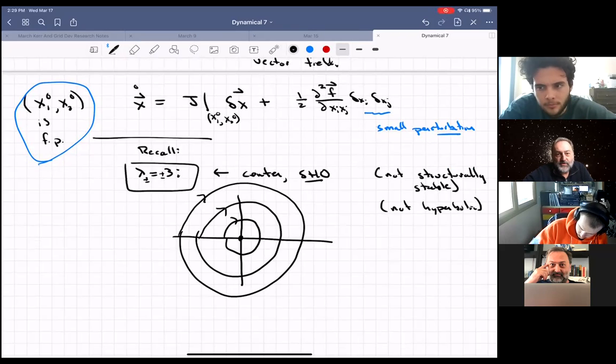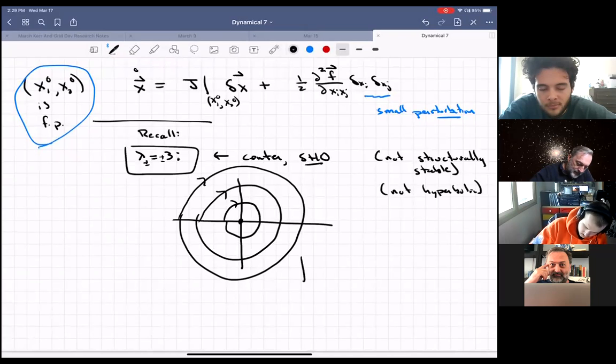Any perturbation that you make to a simple harmonic oscillator is likely to destroy the simple harmonic oscillator and turn it into a damped spiral, right? If you add any damping at all to a simple harmonic oscillator, it ceases being a simple harmonic oscillator and it becomes a damped spiral, right?